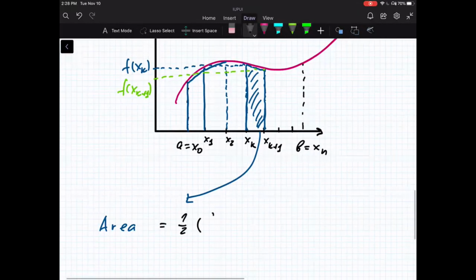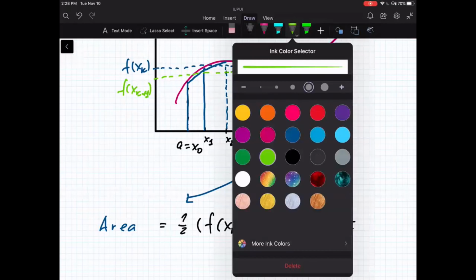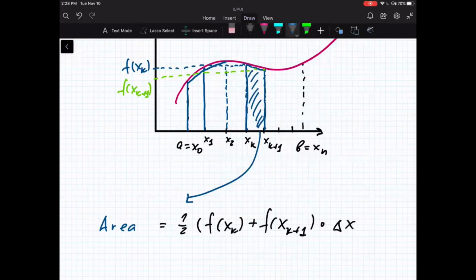And so it's f of xk plus f of xk plus 1 times the base, but the base is just the length of our subinterval, so it is delta x. Remember that we divided AB into n subintervals, each of them has length delta x. So this is delta x also.